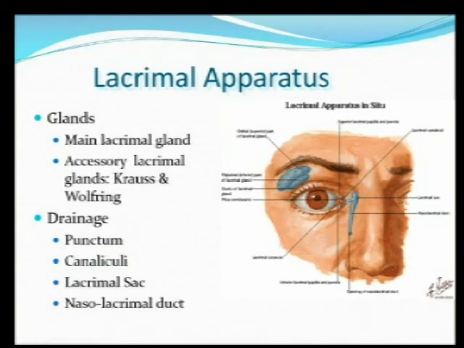Now, we also have the worker bees, so to speak, the accessory lacrimal glands, also known as the glands of Krauss and Wolfring. These are also referred to as the basic secretors, because day in and day out, these are the glands that typically produce the watery part of your tears.